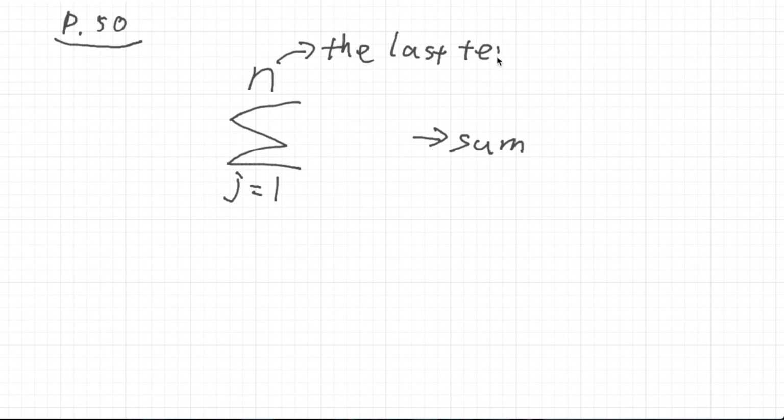And then to the right of the sigma, we'll have the operation that you're doing to each of the terms 1, 2, 3, 4, 5, etc. In this case, let's do j squared. This thing on the right side of the sigma notation is the rule for every term in the sequence.